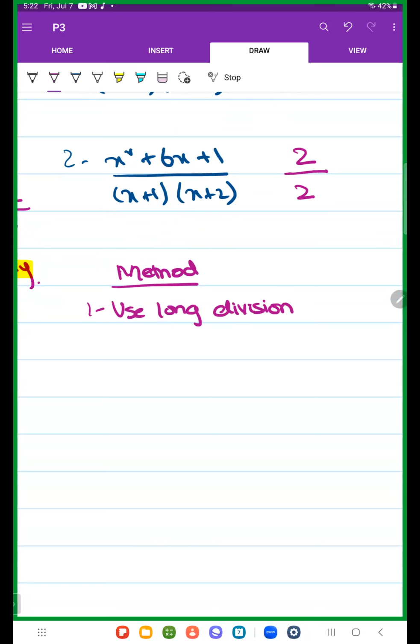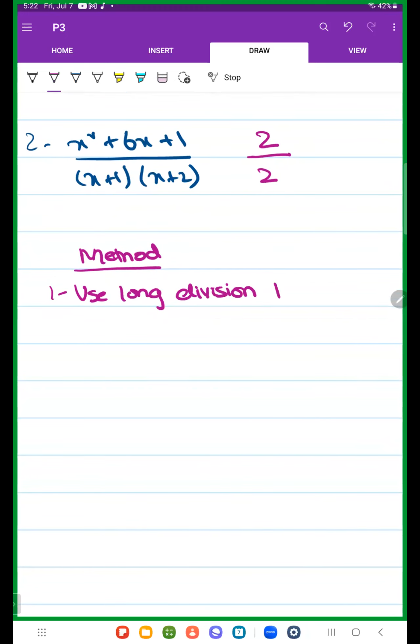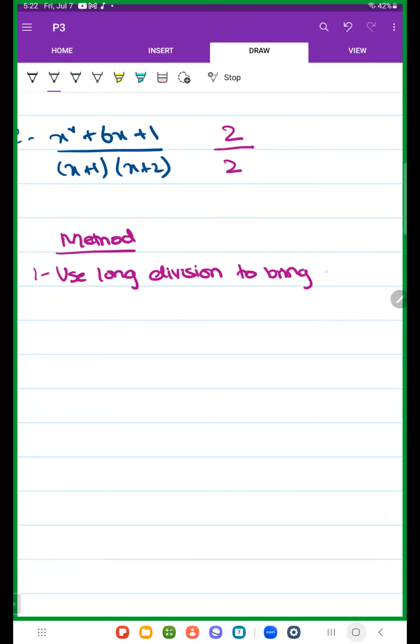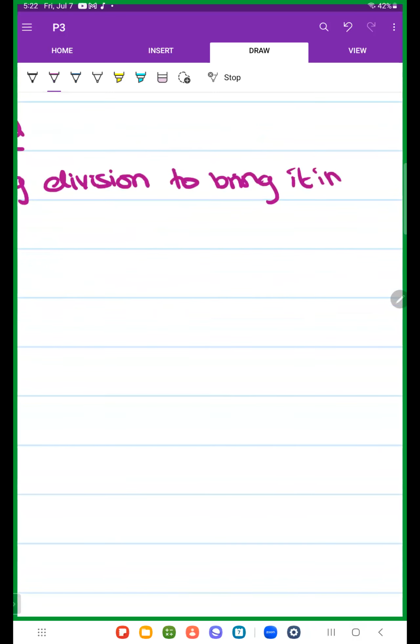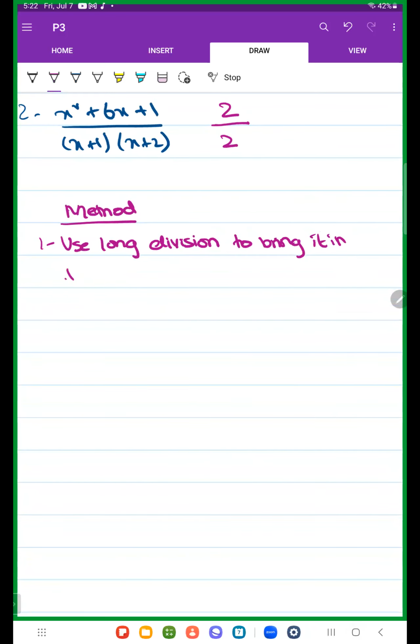So you do long division to bring it in the form quotient plus remainder upon divisor. What is this form basically?